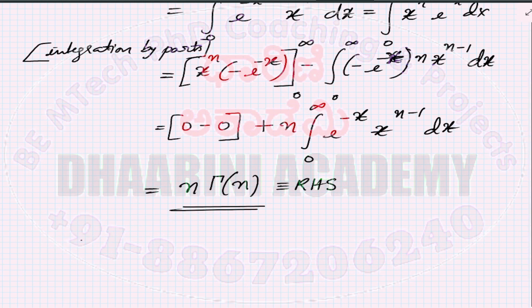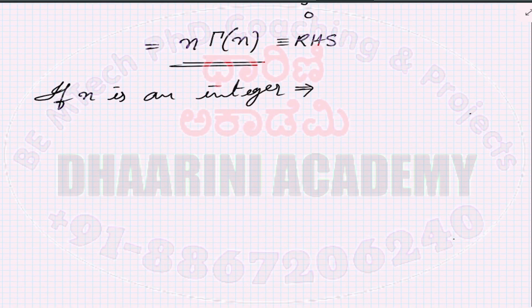If n is an integer, I still start with the answer that I got just now, so I'll continue from there. I know that gamma of n plus 1 is n into gamma n.